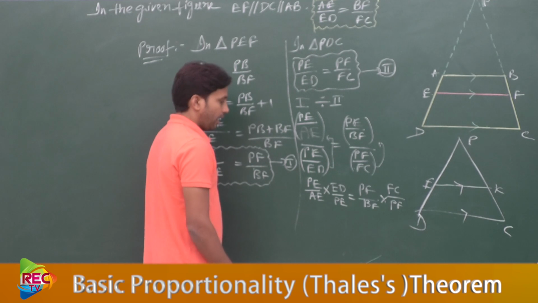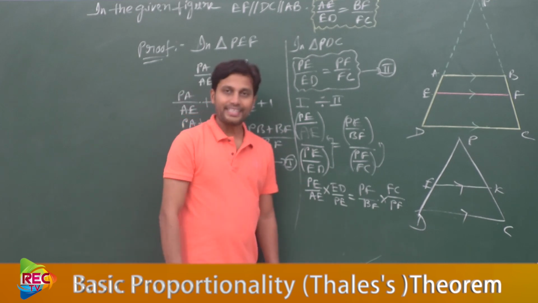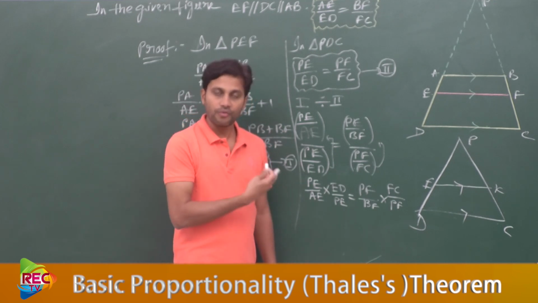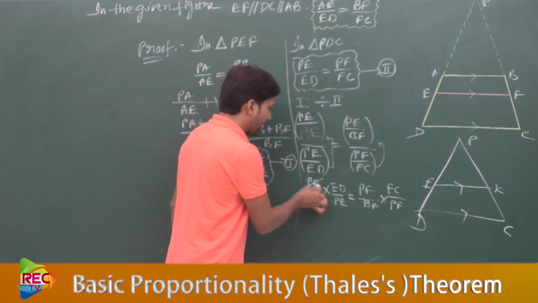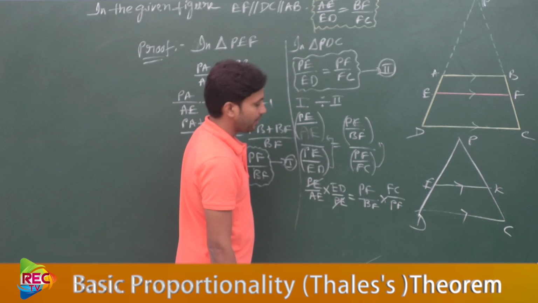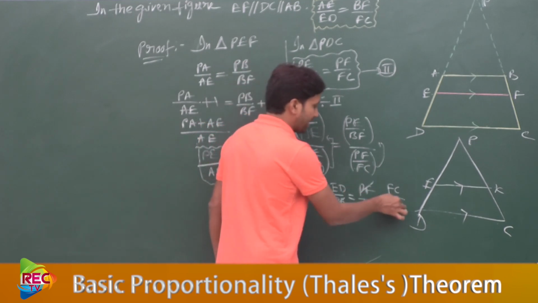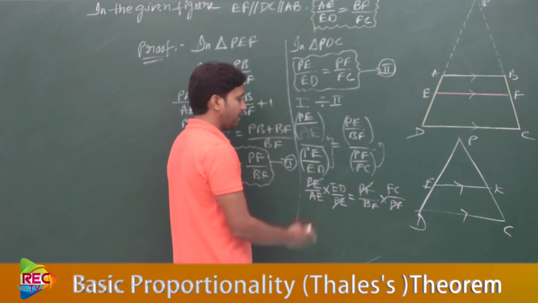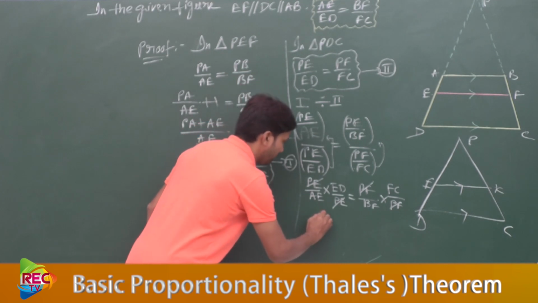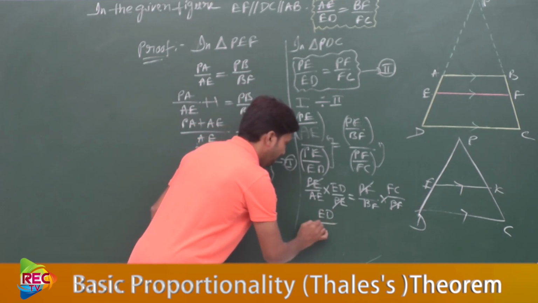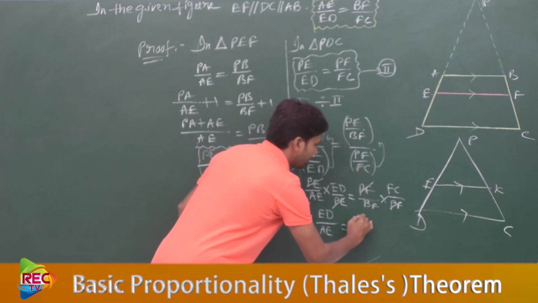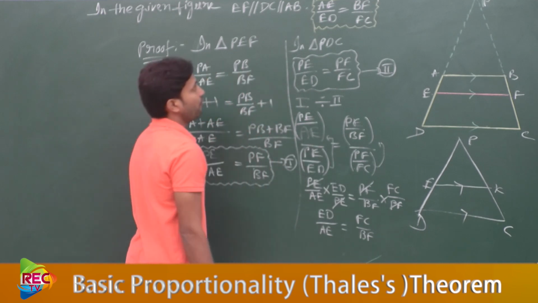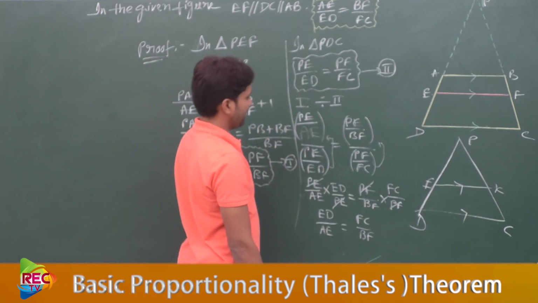Now I think the same terms we obtained in numerator and denominator on both LHS and RHS. So here PE can be cancelled in numerator and denominator, and here also PF can be cancelled, and what is left over, just write it down, ED by AE equal to FC by BF. I think we obtained our given relation.